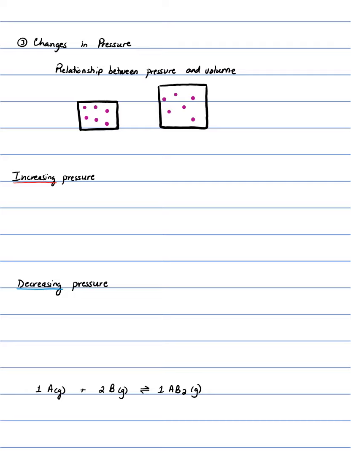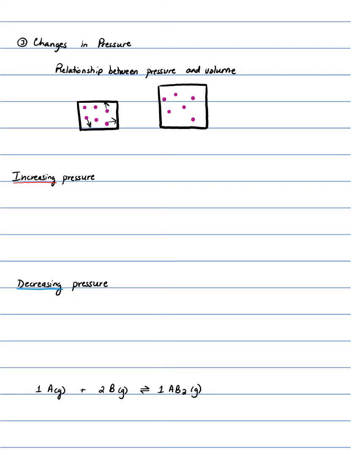Now, those particles are moving around, and when they move around, they're going to be colliding. And those collisions are going to generate a pressure. So now the question is, in which box you're going to have a higher pressure, the one that you have on the left or the one that you have on the right?